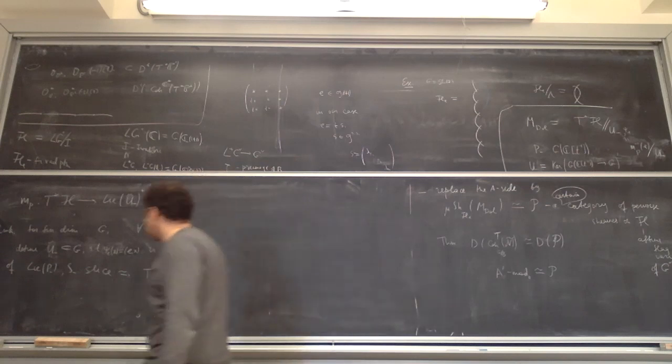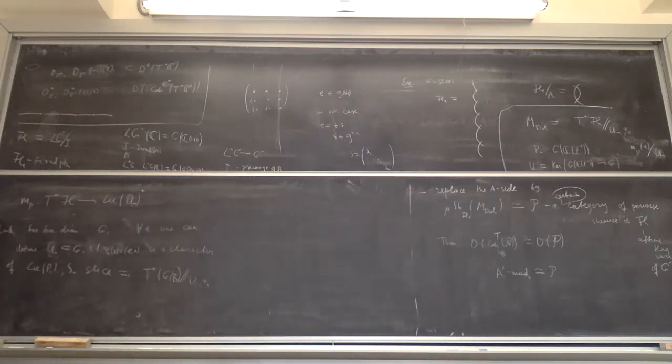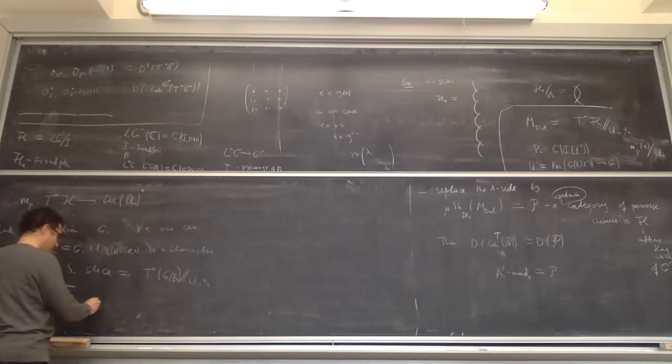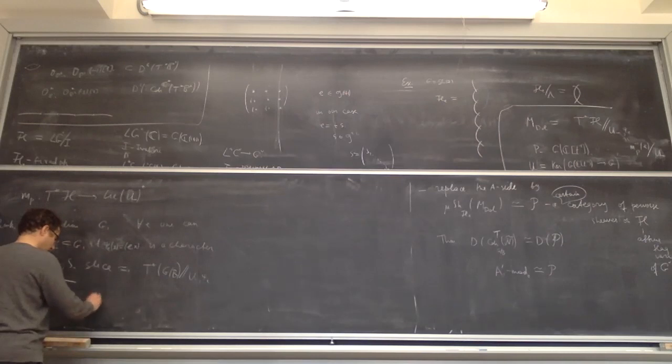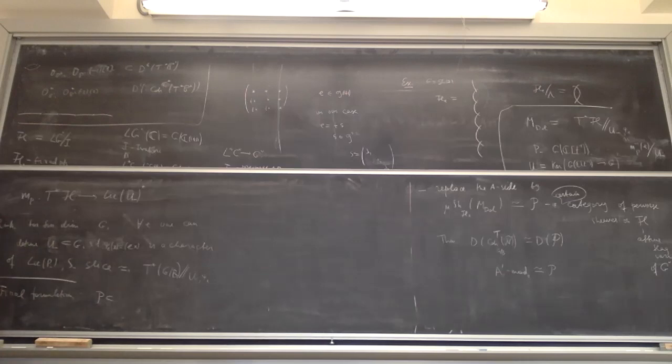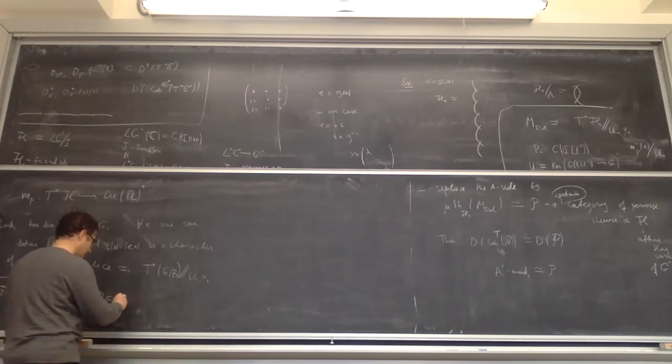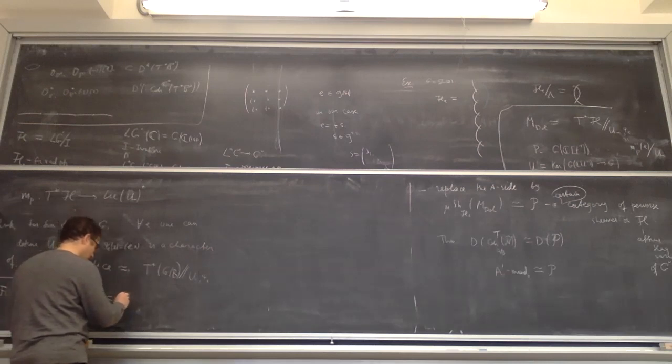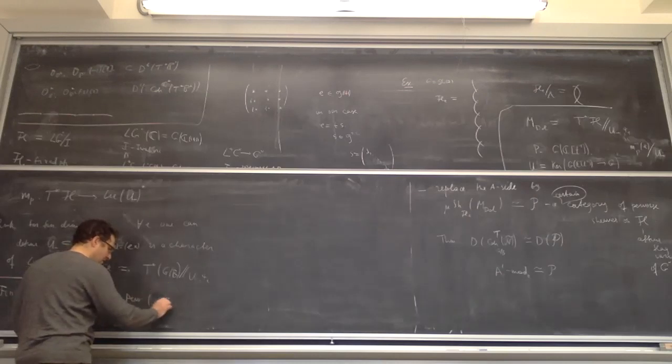Okay, so maybe now I can give the final formulation. Well, almost final formulation. Specifically, we consider P inside the category of perverse sheaves on the affine flag variety, equivariant with respect to U minus psi.